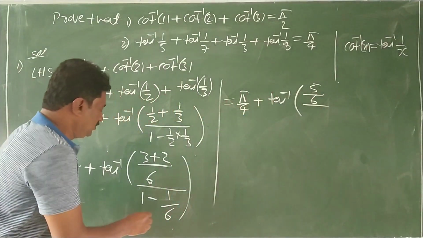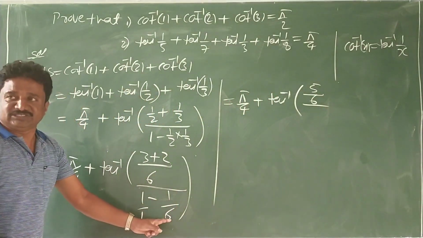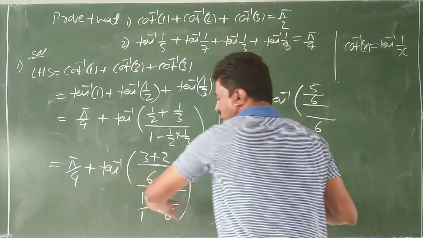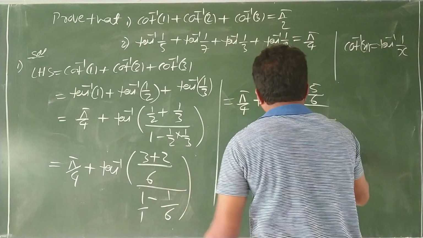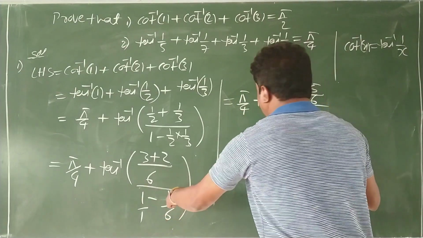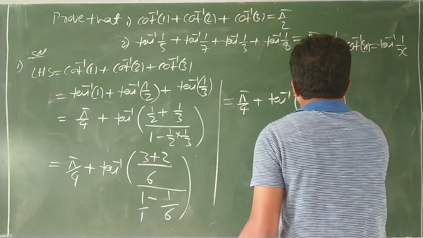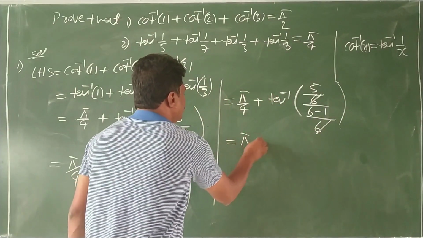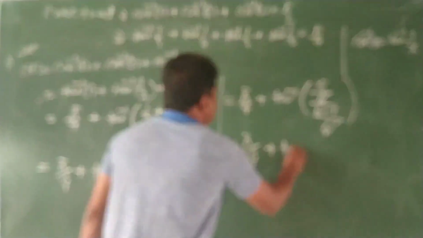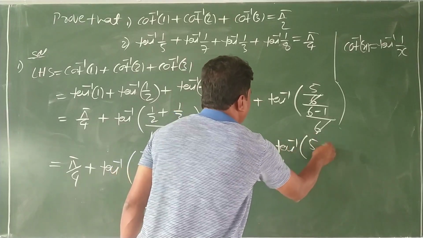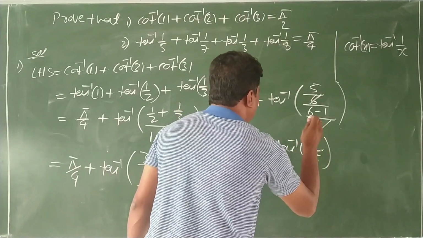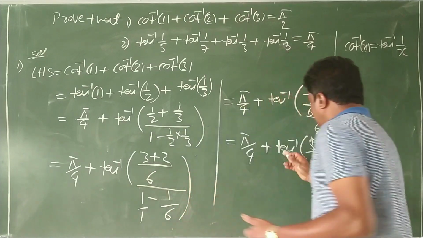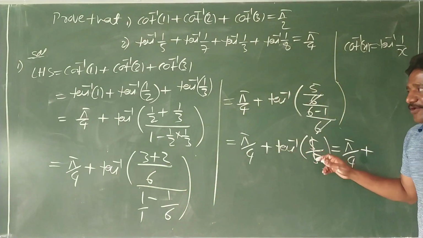What is the LCM of these two? 6. Cross multiply. 6 1s are 6 minus 1 1s are 1, 5. The 6 gets cancelled. Pi by 4 plus tan inverse 5 by 5, which is 1. So pi by 4 plus tan inverse 1.